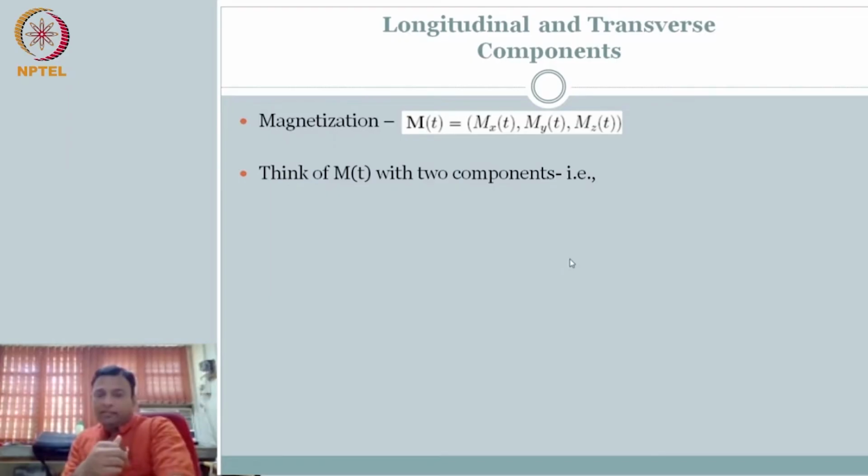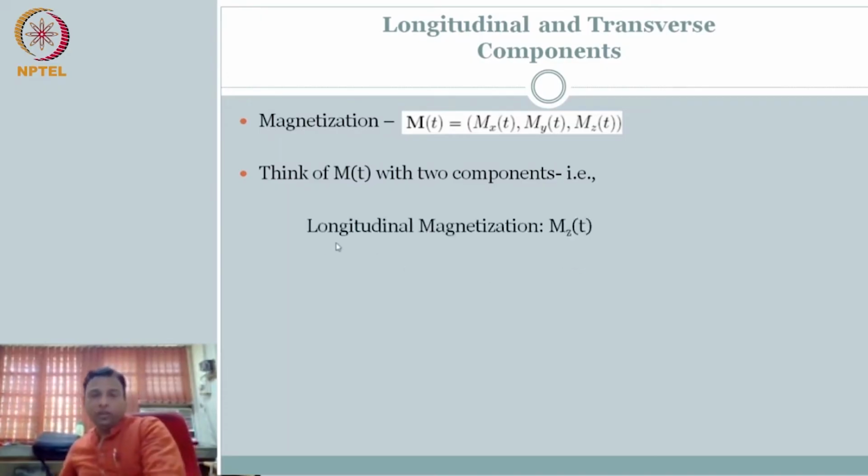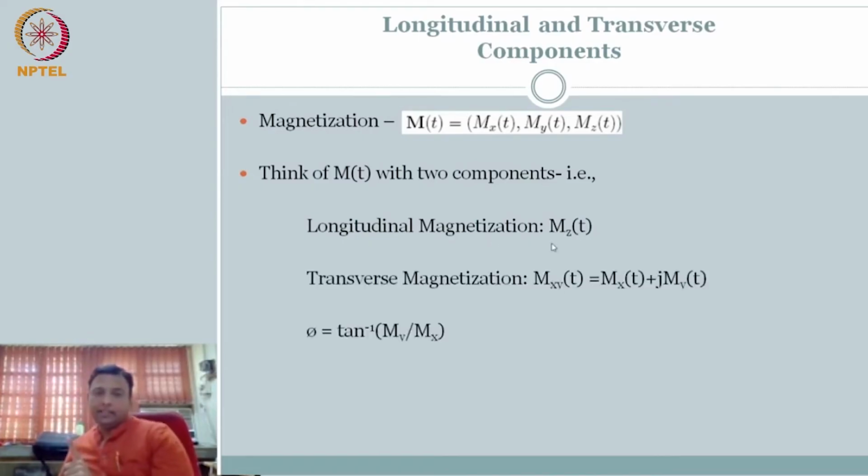But then when it comes to the other mx and my, instead of having mx and my separately as 2 variables, we could actually talk about the component on the floor. In other words, one we will call longitudinal magnetization, which is the z direction. The other we will call transverse magnetization, which is mxy of t, the magnetization vector on the floor, which of course has mx and j my.